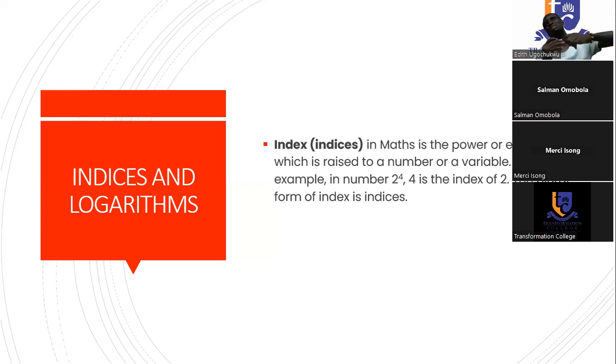So what indices is basically all about is that it helps to solve values of this form. Now let's look at it. If I have 2 raised to power 4 times 2 raised to power 2. Without applying the law of indices, I want to solve this.